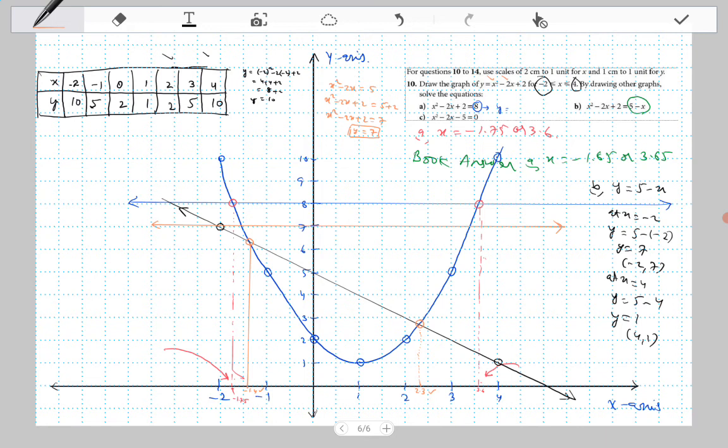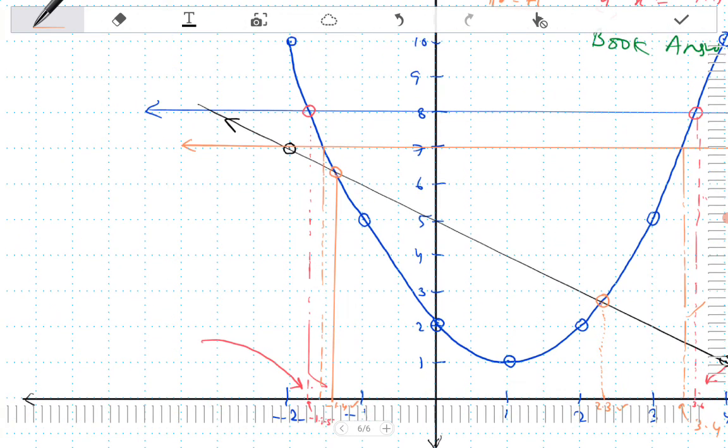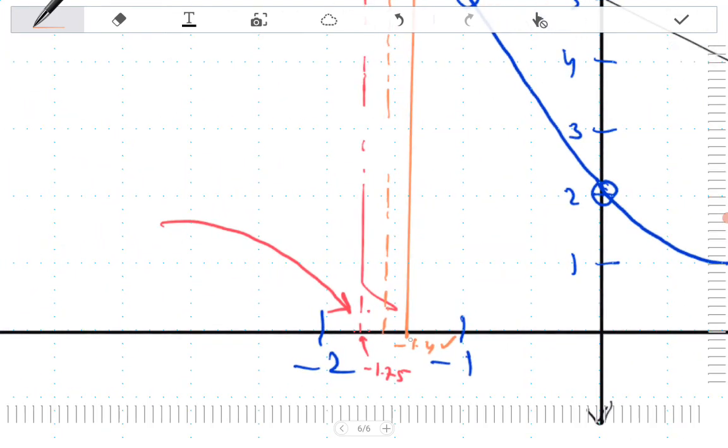So where it is lying, okay, it's lying at 3.4, and what the other value is, if I closely watch this value, this is minus 1, this is minus 1.5, 1.6, so it's minus 1.6.